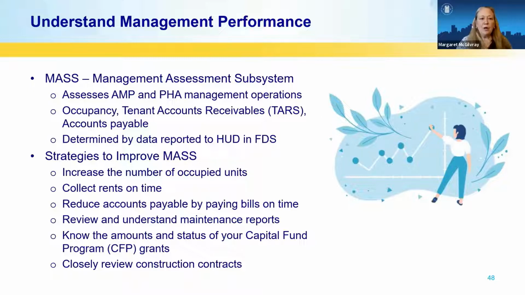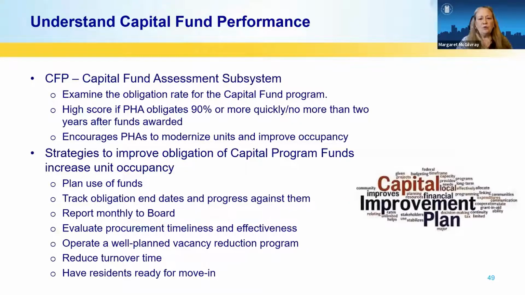So let's move on to our capital fund performance. As we went over already in our capital fund section, the capital fund indicator is focused primarily around the obligation and expenditure requirements.